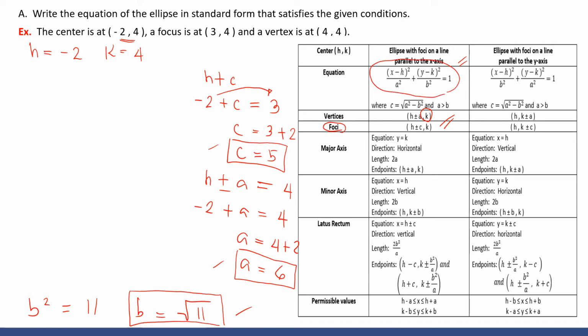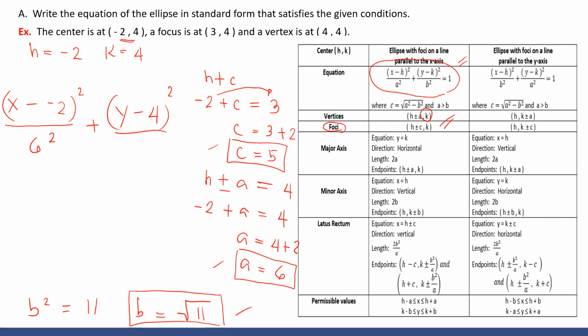Copy x minus h, so minus negative 2, quantity squared all over A squared. So our A is 6 squared, plus y minus k, which is 4, quantity squared all over B squared, so according to this, is 11.